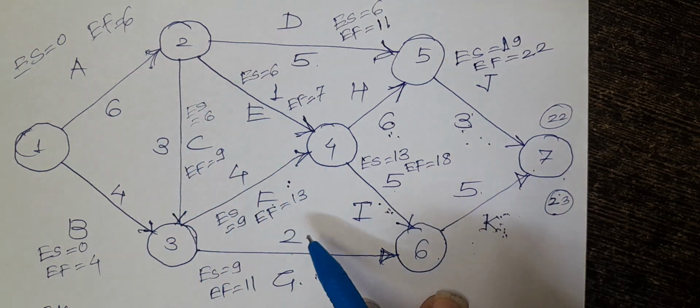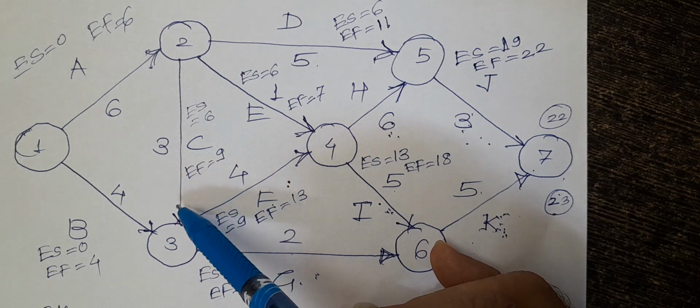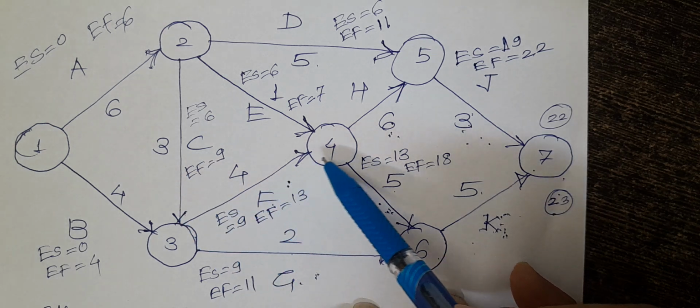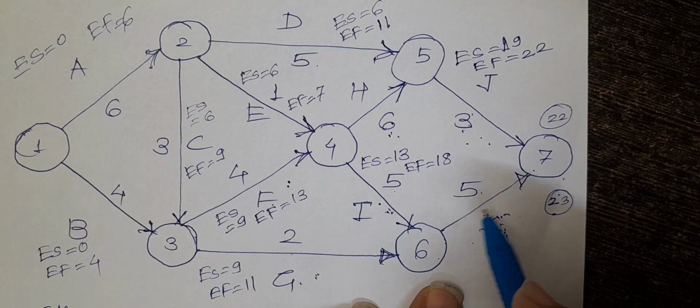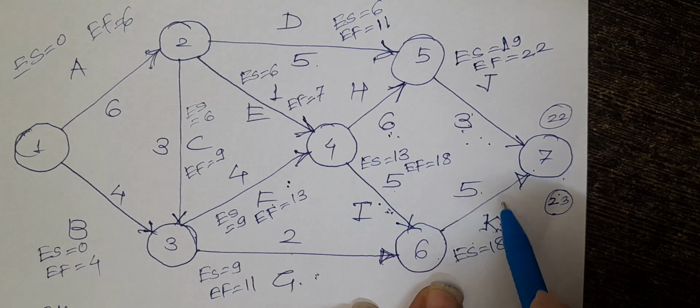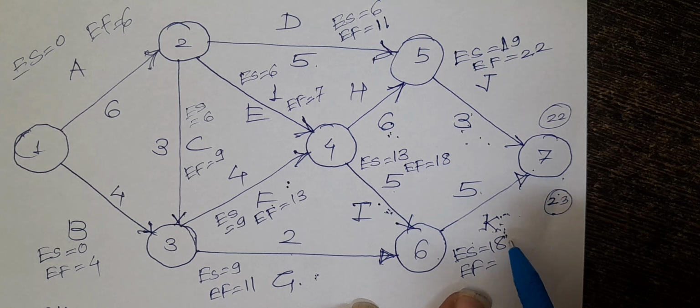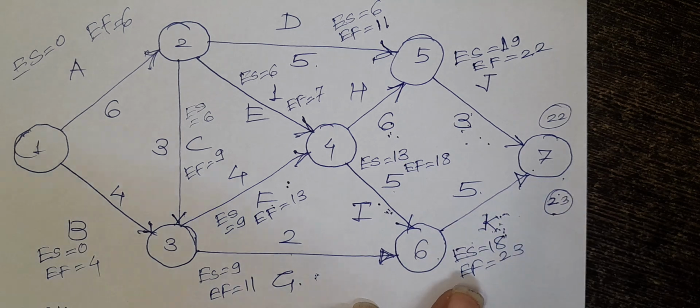So it is 6 plus 3, 9 plus 4, 13 plus 5, 18. So 18 is the earliest start for this activity. And what is the earliest finish for this activity? Earliest finish is 18 plus 5, 23.